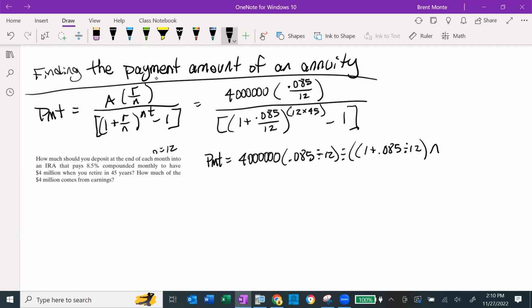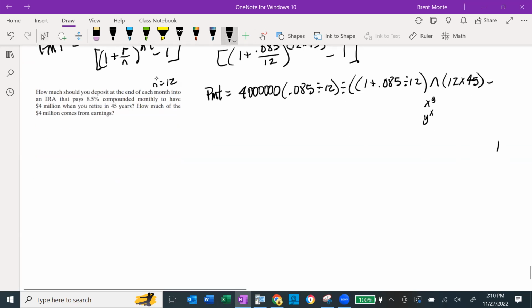Close that parenthesis, raised to the power. Some calculators look like x to the y, some look like y to the x. Mine looks like this little caret. Parentheses, 12 times 45. Close parenthesis, minus 1, close parenthesis again. That's what it's going to look like.